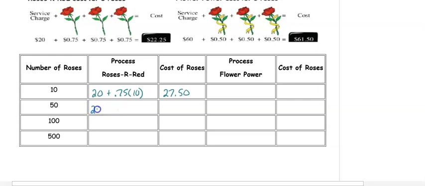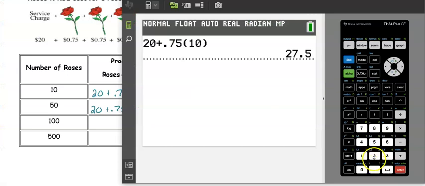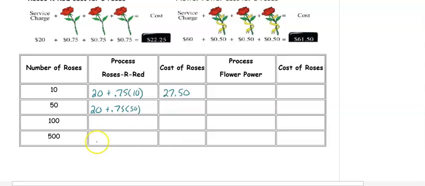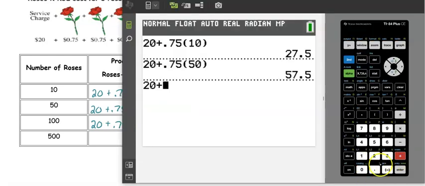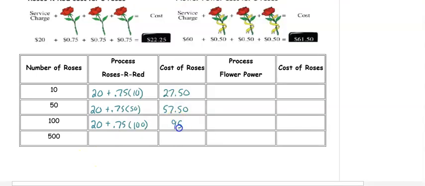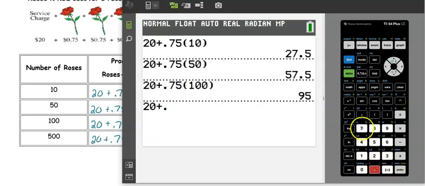For 50 roses, we have 20 plus 0.75 times 50, which would get us $57.50. Then we have a $20 service charge plus 75 cents times 100 roses. That would get us $95. And then we have a $20 service charge plus 75 cents per 500 roses, and that would get us $395.